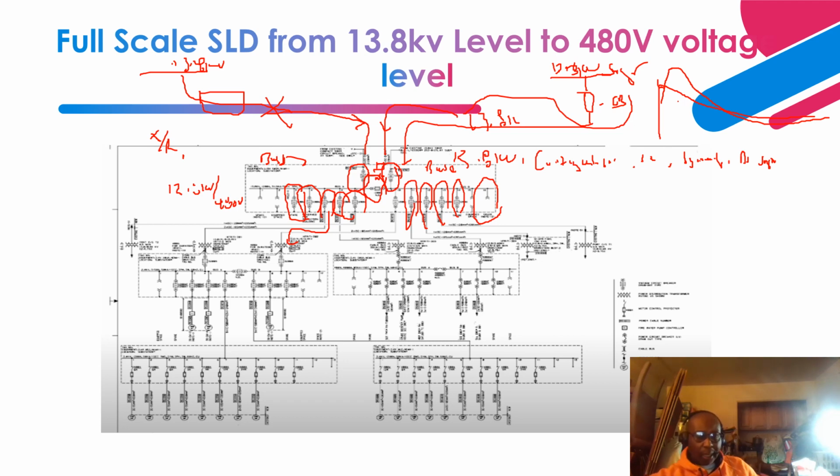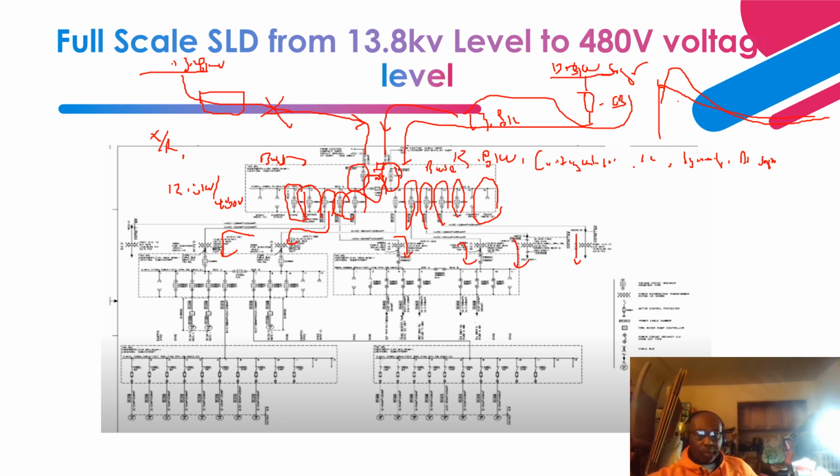As you can see over here, I have a feeder that comes from a cubicle through a dedicated breaker to this transformer that steps down, and other feeders that come in here. The goal is to achieve a voltage level that is appropriate for a motor control center.